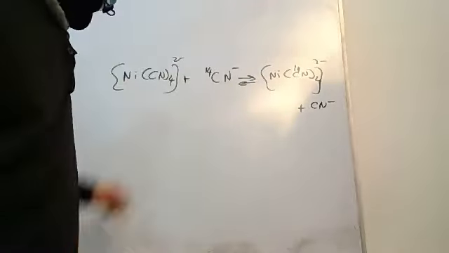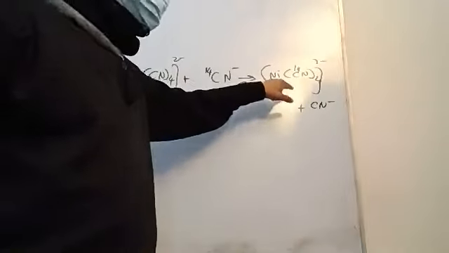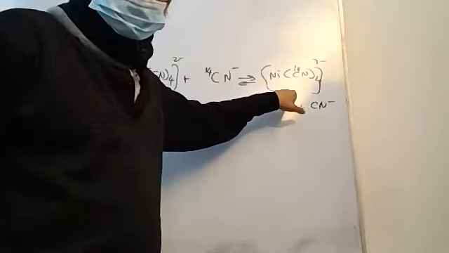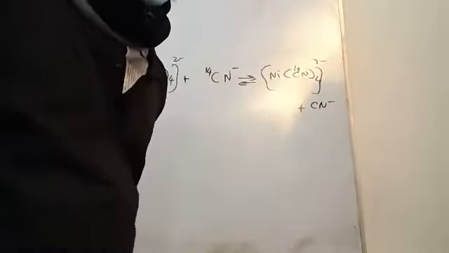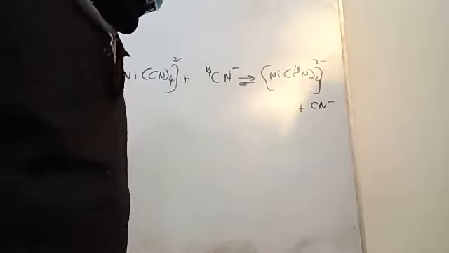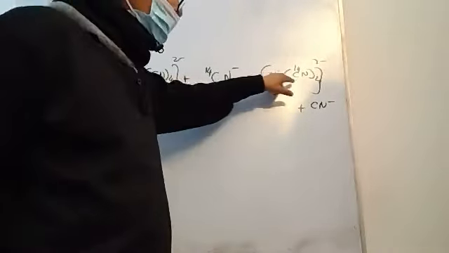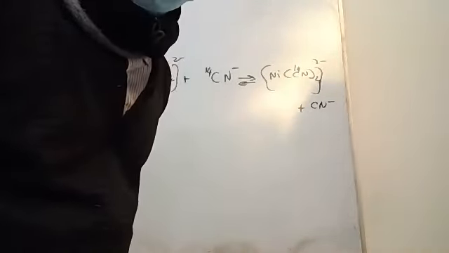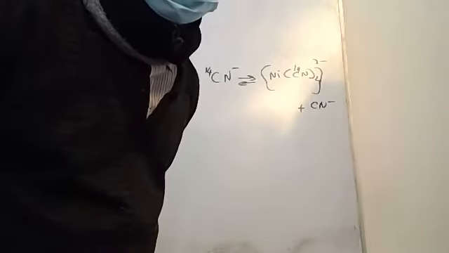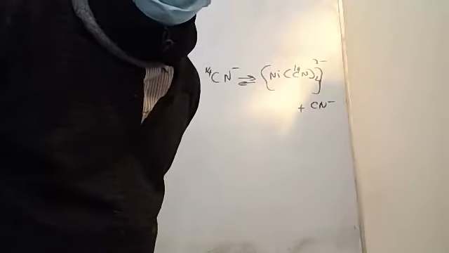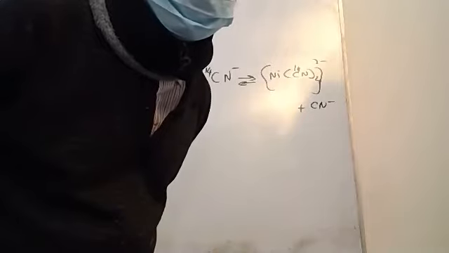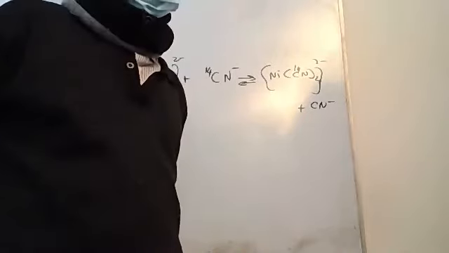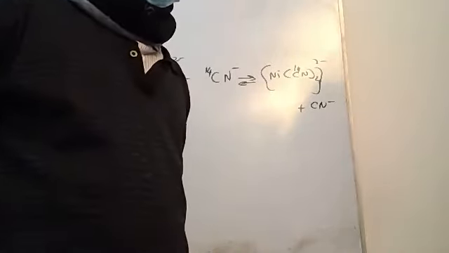So you carry out the process. After 1 minute, you take that complex out and look at how much radioactivity it has. If your radioactivity is consistent with the complete replacement of cyanides, then you can say the complex is labile. If not, it should be considered inert. Am I making sense?